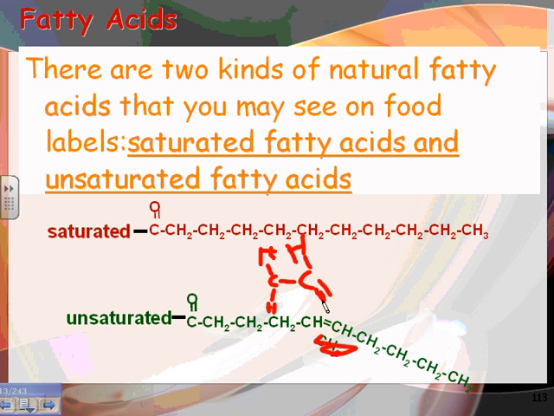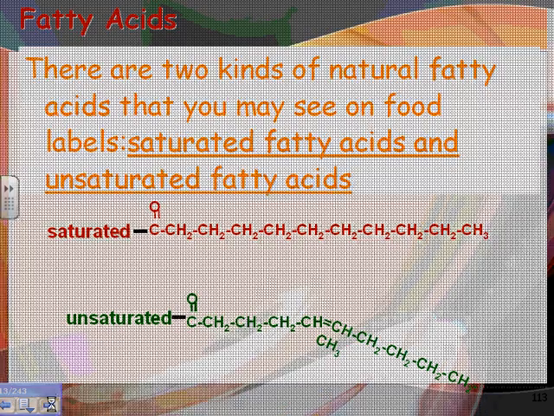So carbon makes 4 bonds, so this is 1, 2, 3, 4. And then here's this carbon I'm going to draw right here. That carbon's got its H sticking off here. And then the next carbon will be down here, and they'll just have 2 hydrogens sticking off on either side. So here this is bent, and so it's not saturated because it's missing a hydrogen here and a hydrogen here due to that double bond. So this would be called unsaturated.